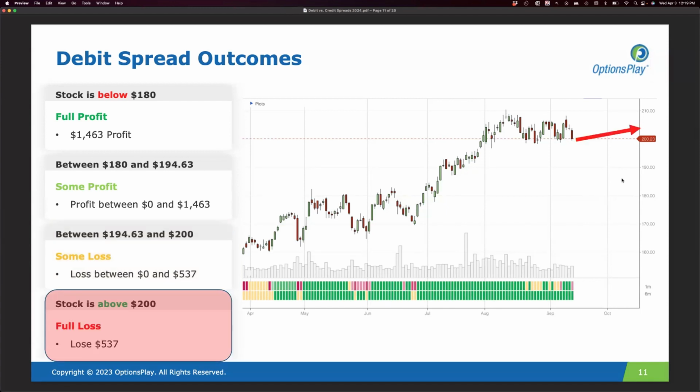And in the last example, let's say the stock just fully stays above 200, the stock never drops below your support level, well, that's really when you lose your full $537. So what you're doing is you're risking $537 to potentially make $1,463. And that strong risk to reward ratio is what attracts traders to this specific strategy when they believe the stock can make a big move in a short amount of time, right?